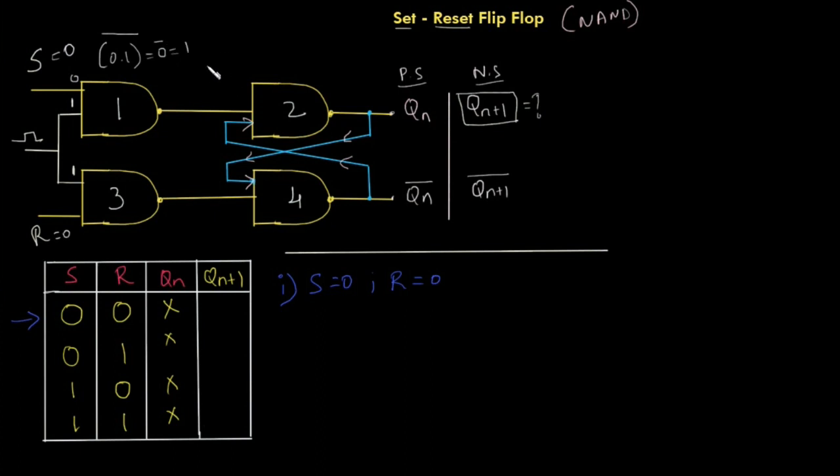This 1 will be going as an input to the NAND gate 2. So this NAND gate 2 has two inputs. One is this 1, and another one is coming from Qn bar. So 1 dot Qn bar.